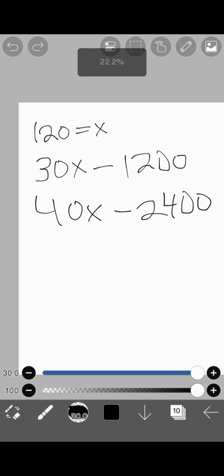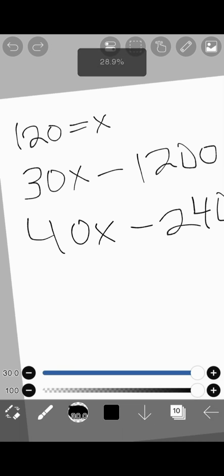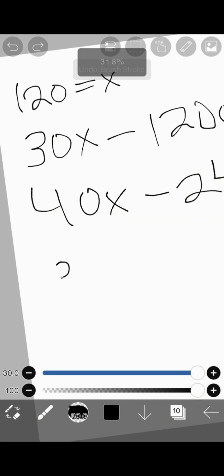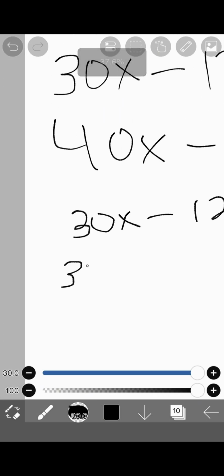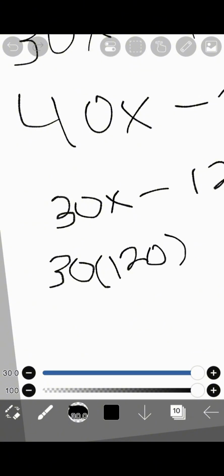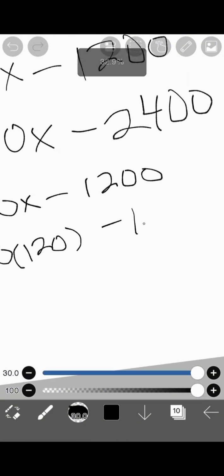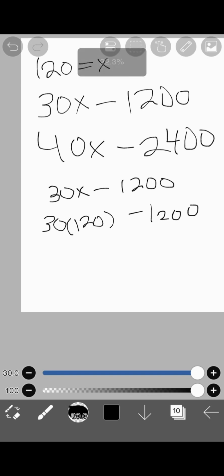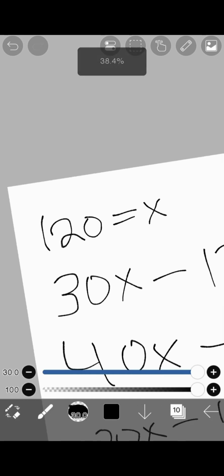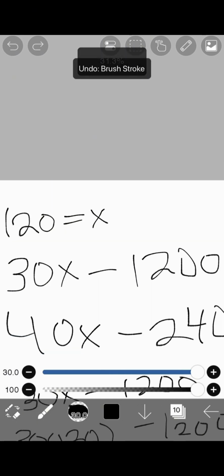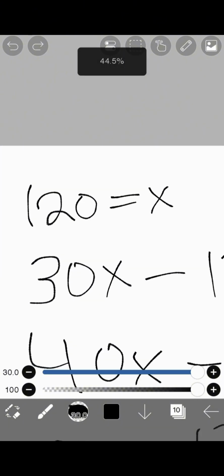Since it's the same for both of them, let's just substitute into one equation. So 30x minus 1,200. 30 times 120 minus 1,200. Okay, since we said that 120 is our x and this is our point of intersection, let's substitute into one of these equations to see how much profit we can earn if we sell 120 cups.